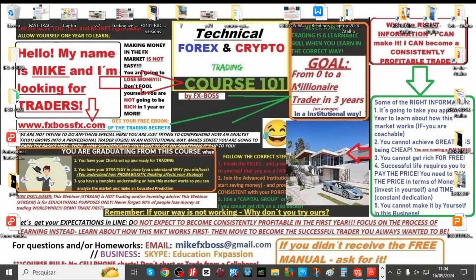Who knows what is the institutional way? There you go, exactly. You're first an analyst and then you are a trader, right? You are not a trader first and then you become an analyst, everybody. You are first an analyst and then you become a trader. Does this make sense to you?